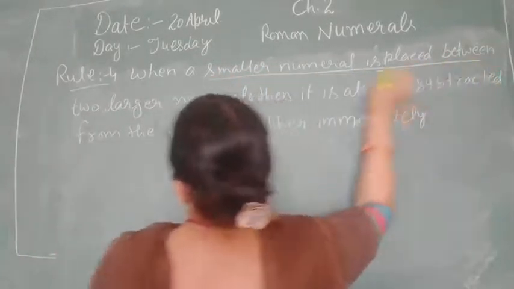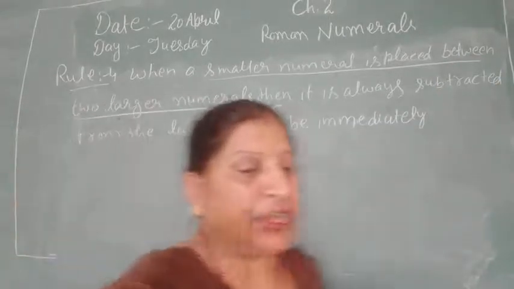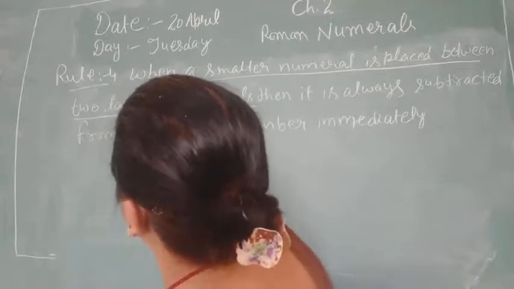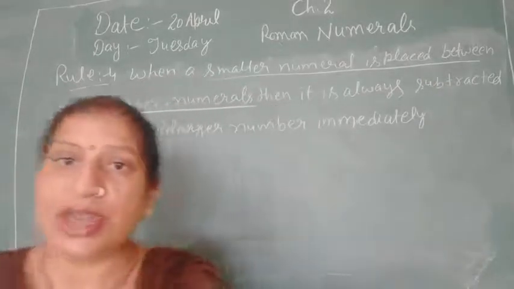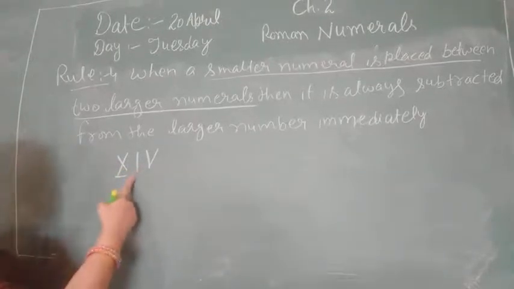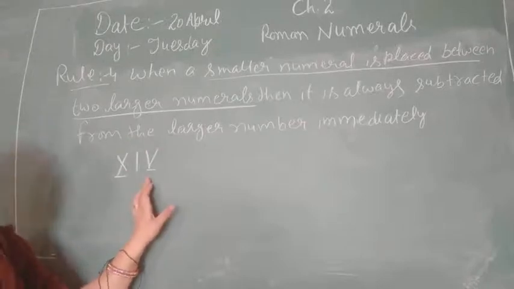Smaller number is placed between two larger numerals. Now we take this example XIV. Here we see that X is bigger than I and V is also bigger than I.